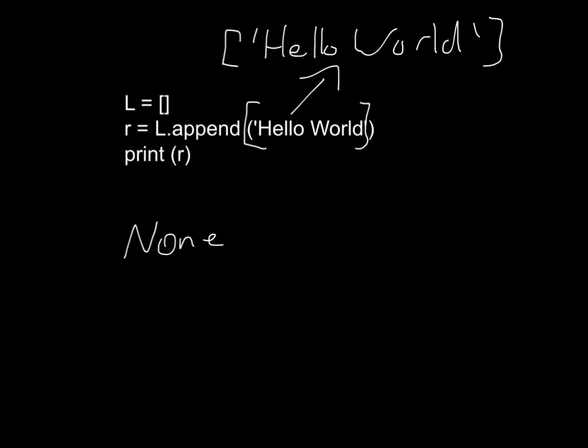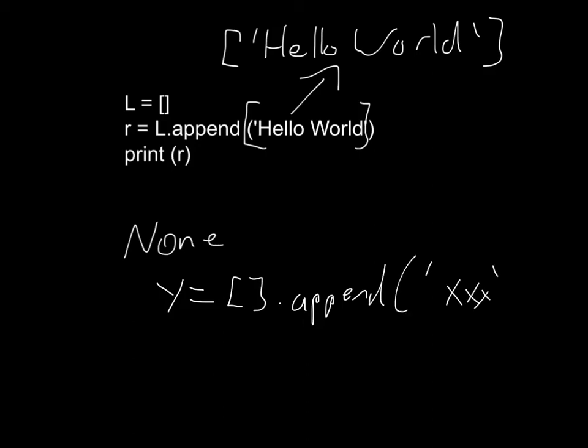Which is also why something like this, like y equals a new list dot append, and then with something in there, xxx, also won't work. It won't return anything.